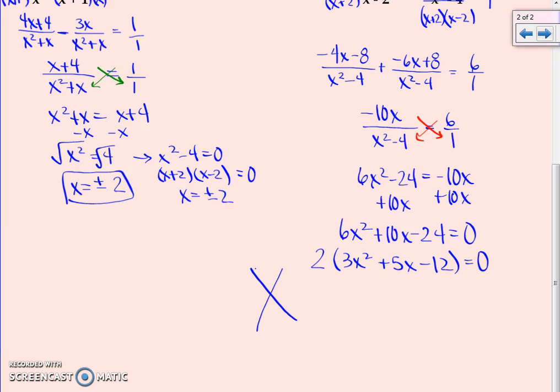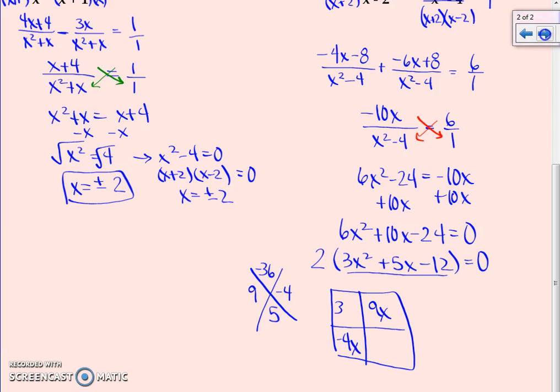We got to take a times c, so 3 times negative 12. And then we got 5 down here. What are the two numbers? Yep, 9, negative 4. We need the window step. So we've got 9x, negative 4x. Then this original problem goes along the diagonal.